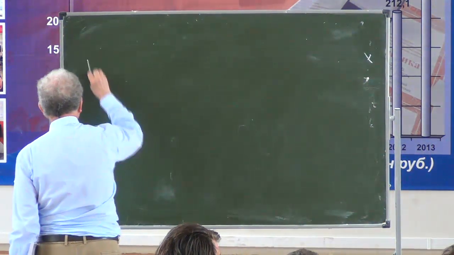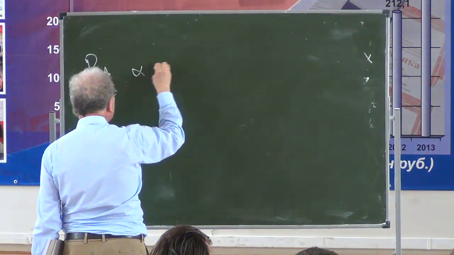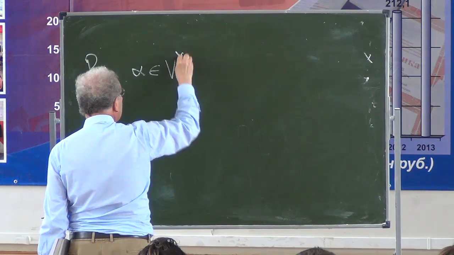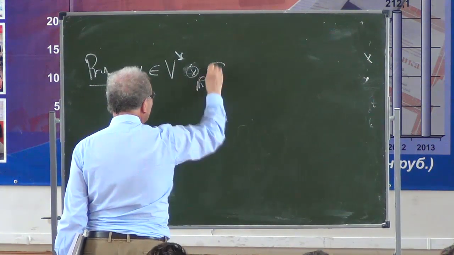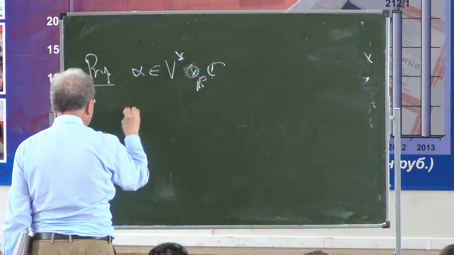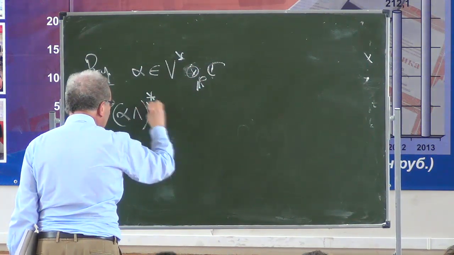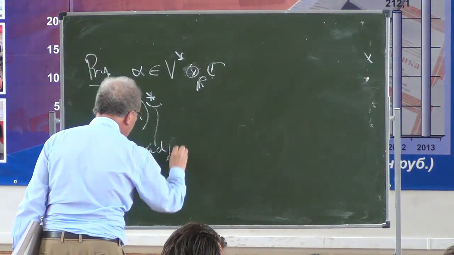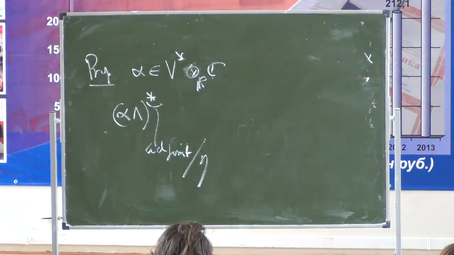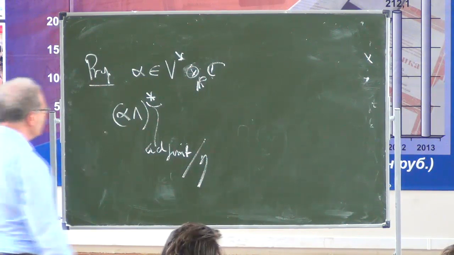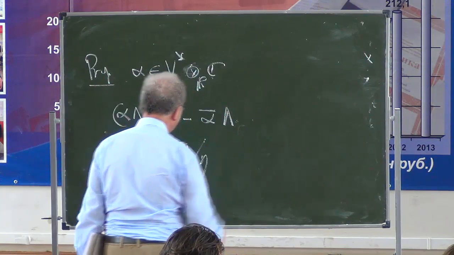And so what I'm saying, I won't prove this, but it's not too hard, is that if alpha, that's just an example of this, lies in V star complexified, then the adjoint of alpha wedge, with respect to the form eta, is just given by minus alpha bar wedge.